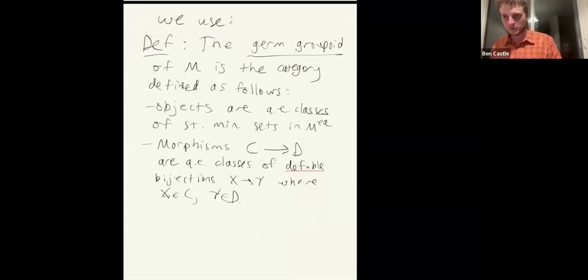So you also have to take the morphisms up to almost equality. So they're bijections between members of C and D viewed up to almost equality.